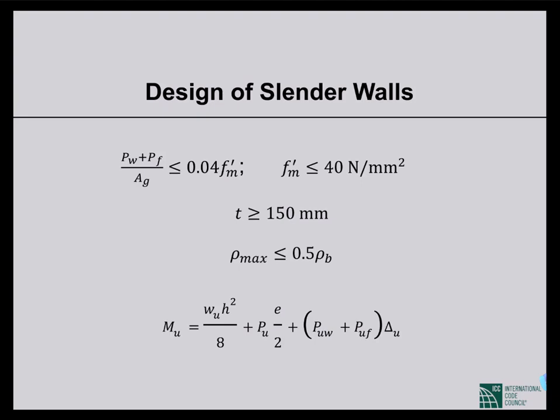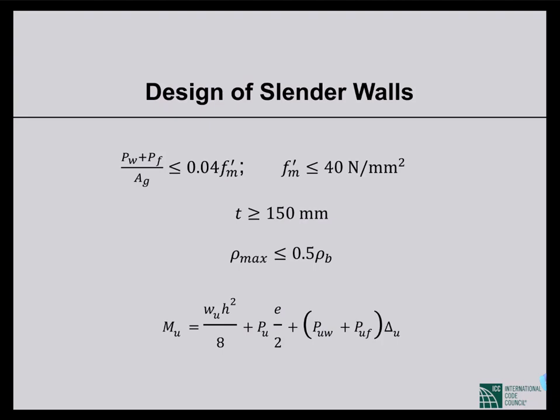So we calculate the mid-span moment of the wall by WH squared by 8, where W is the uniformly distributed lateral load. So we assume that it is simply supported. Then we assume a specified eccentricity.